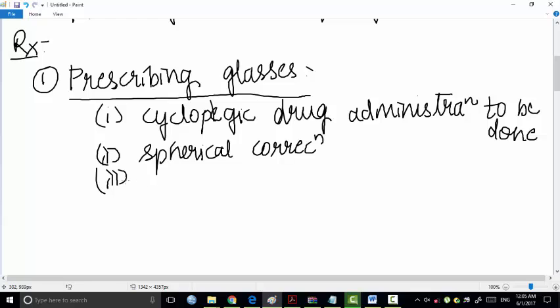The third major point is that there may be increase in spherical correction. So the patient should be asked to come again after 6 months or some interval to get his eyes checked up well.